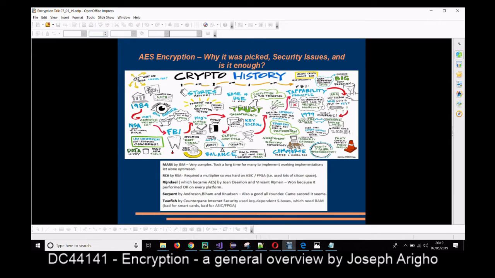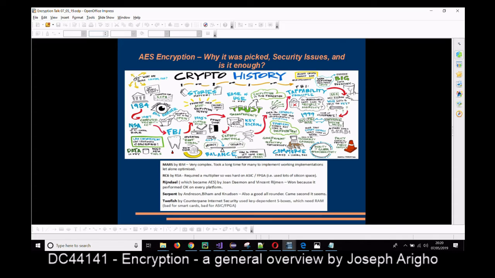Some people seem to bring up security issues about it, and there were a number of theoretical, side-channel ones that were found, but they're actually not for AES encryption. They're for how it's implemented.